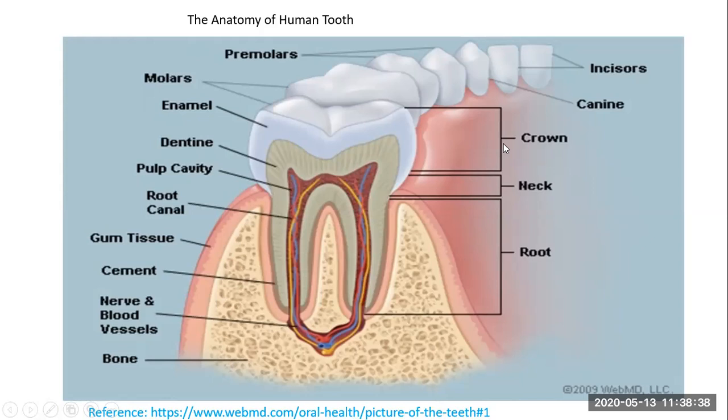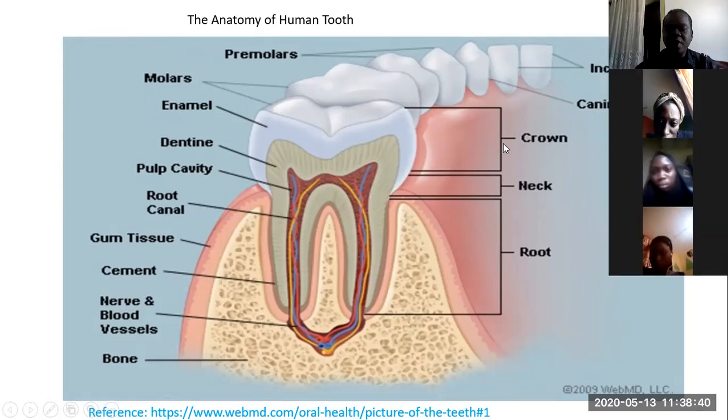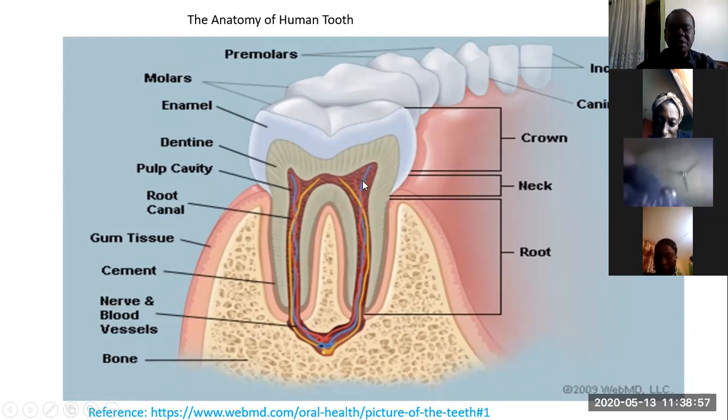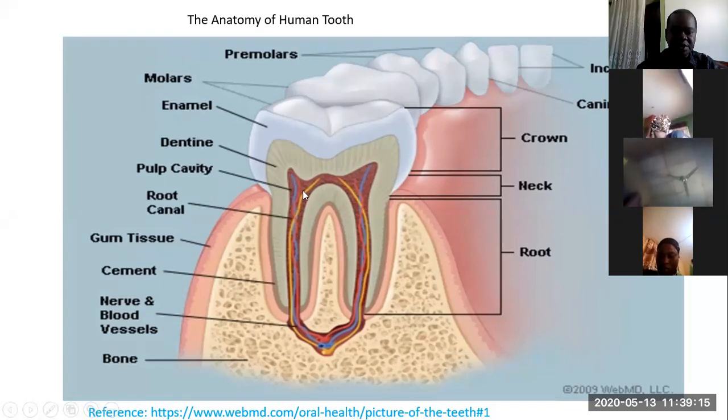That is where you see blood supplies, where arteries, the capillaries, the blood flow take place. If bacteria enters into this place, it has damaged that tooth, no doubt, and it may be difficult to treat. Then the root canal is the channel through which the capillaries supply nutrient to the teeth and supply blood as well.